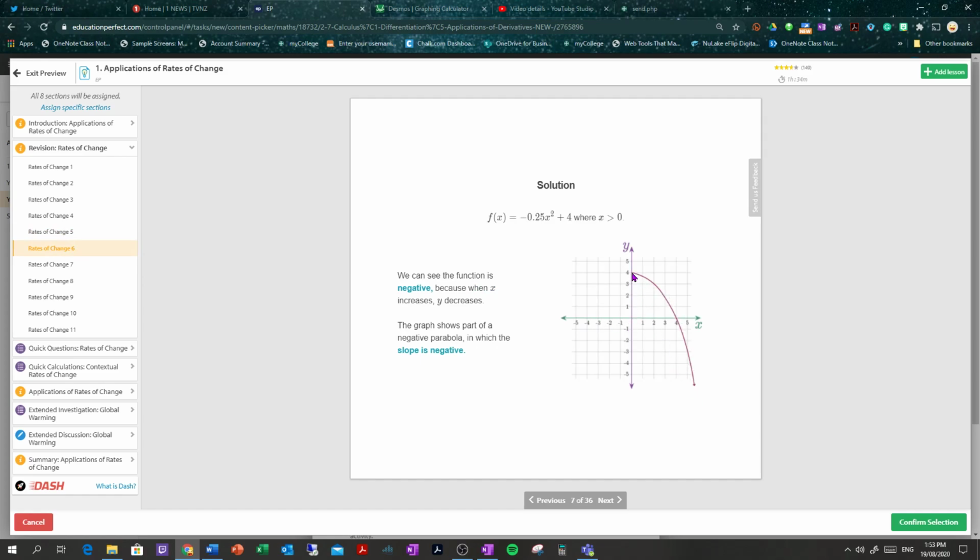So when x is greater than 5, this graph is decreasing. It's negative. And we see the function is negative because as x increases, y decreases. So we know that as we're going from left to right, as x is increasing, the y is decreasing. That gives us a negative function along that area anyway, where x is greater than 0. The graph shows part of the negative parabola in which the slope is negative.